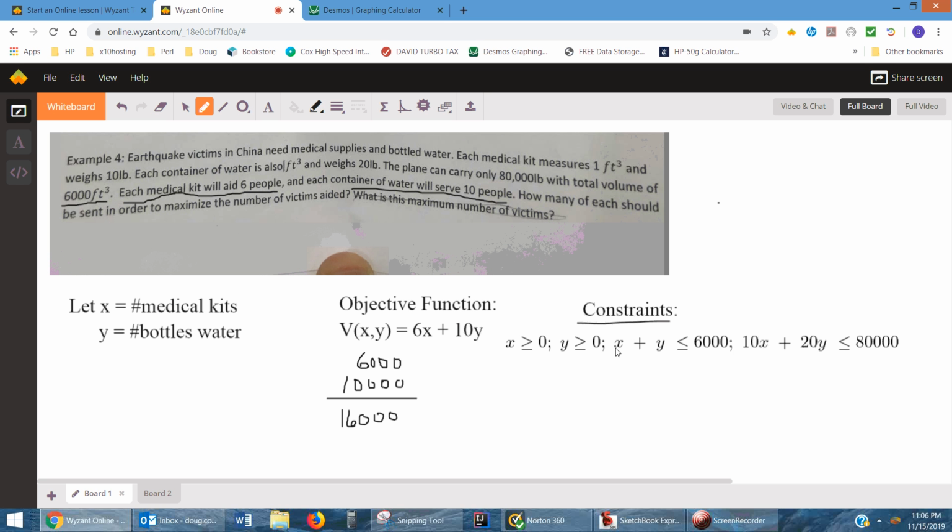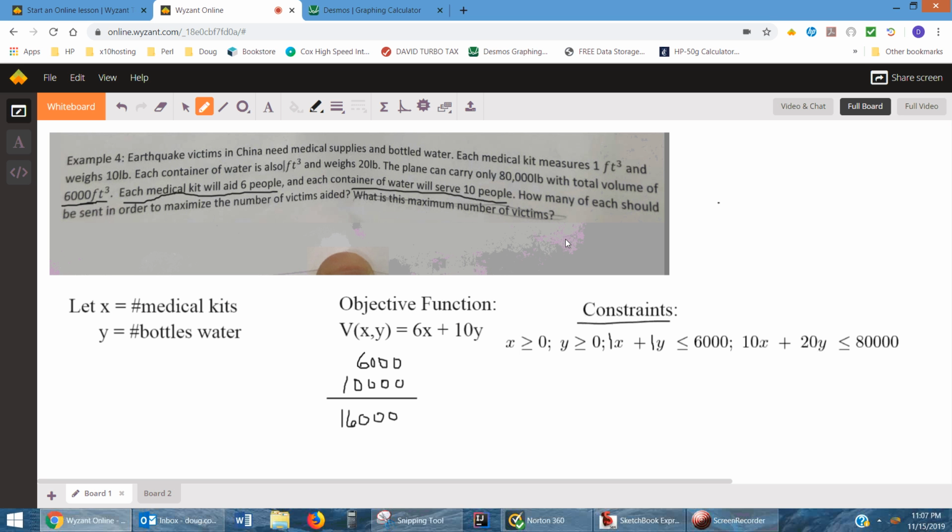Each medical kit contains 1 cubic foot, and each container of water consumes 1 cubic foot. So if you picture these with 1's in front of them, 1x plus 1y is the number of cubic feet that are going to be consumed by that number of each. And that total has to be less than or equal to 6,000, because that's what the plane will hold.